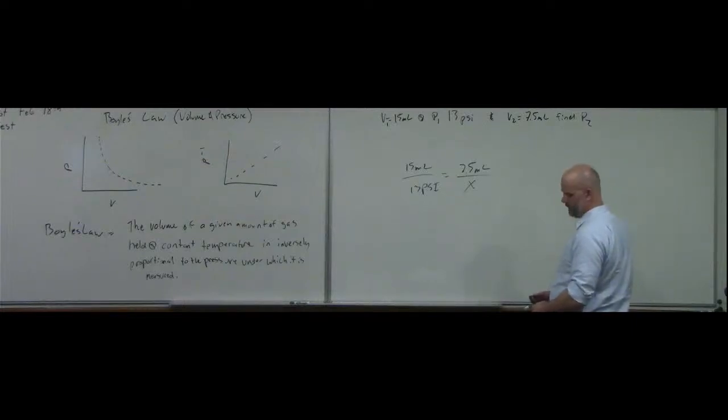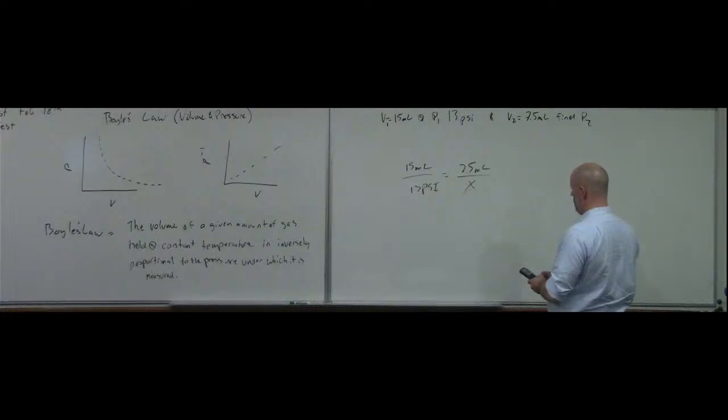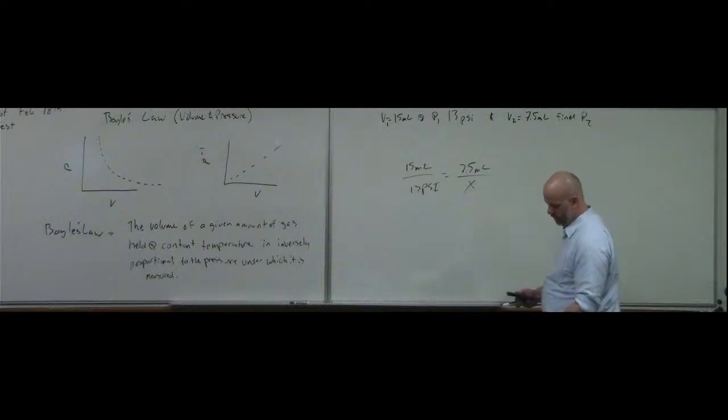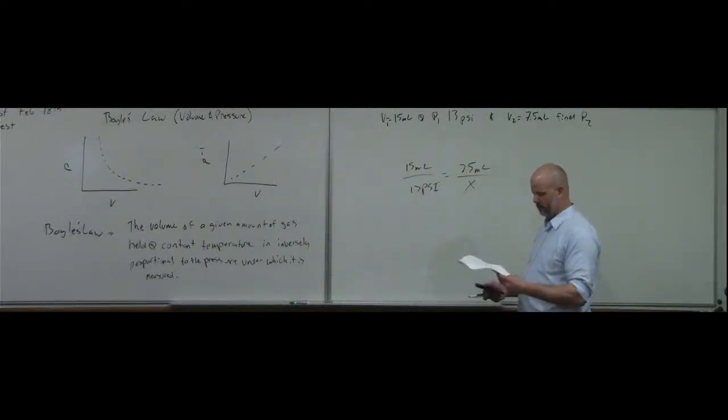Okay, so 13 times 7.5 divided by 15 equals 6.5. So why is this not telling me that it's 26?